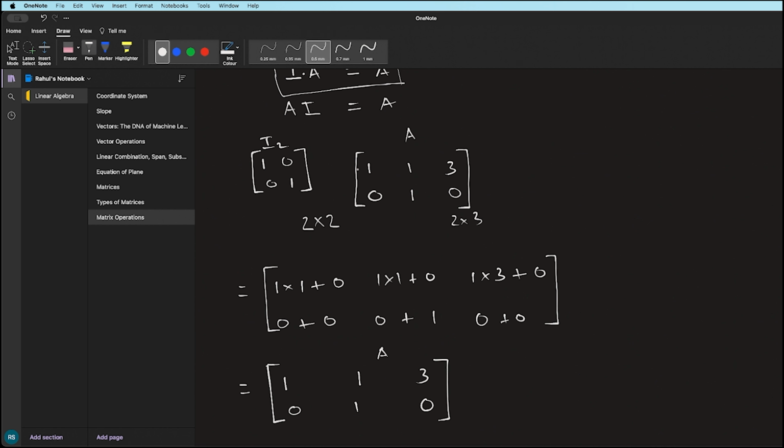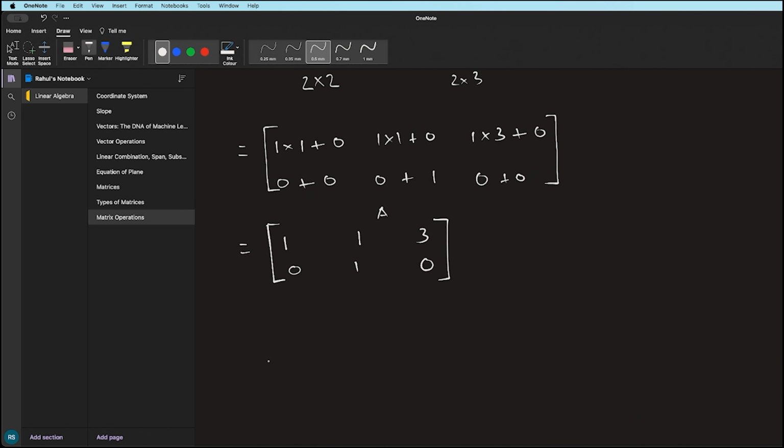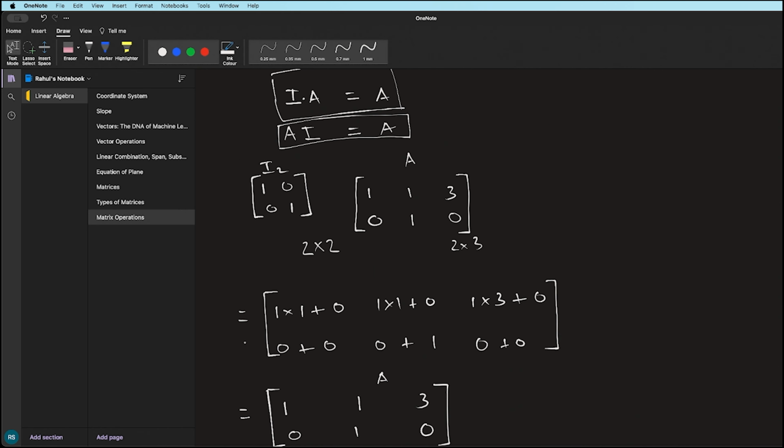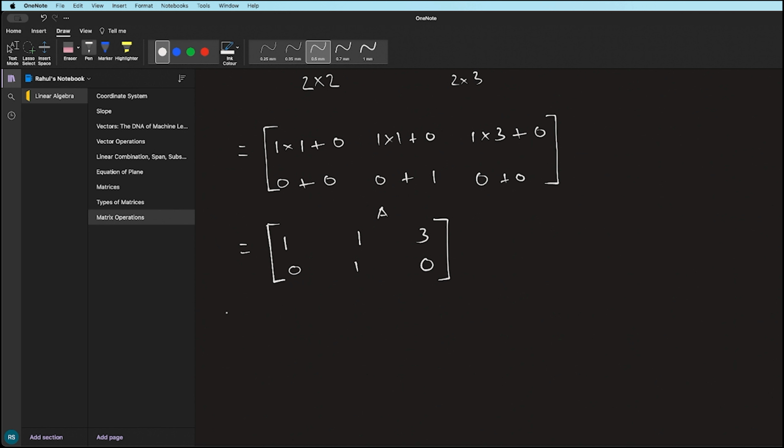Now we will prove A dot I equals A. Let me write that matrix again: 1 1 3, 0 1 0.